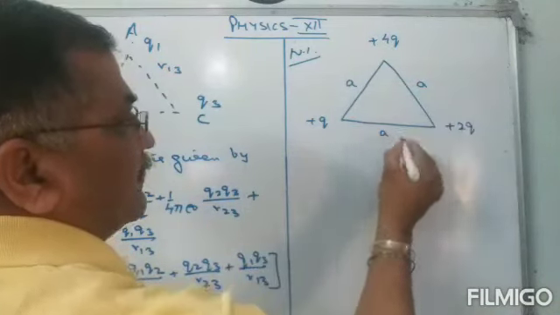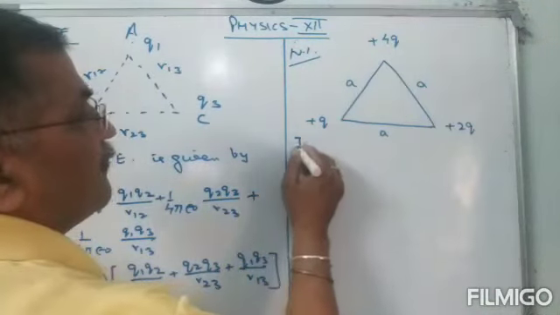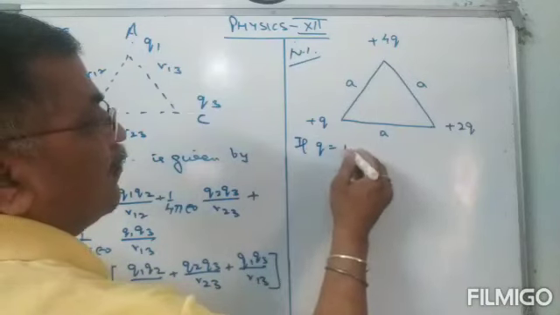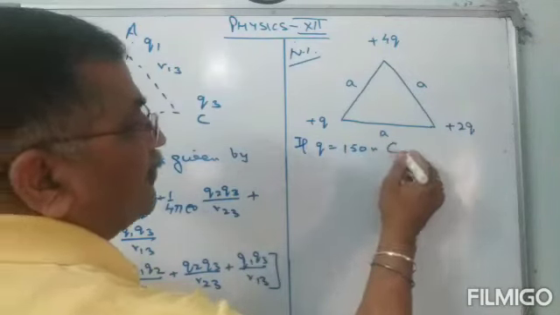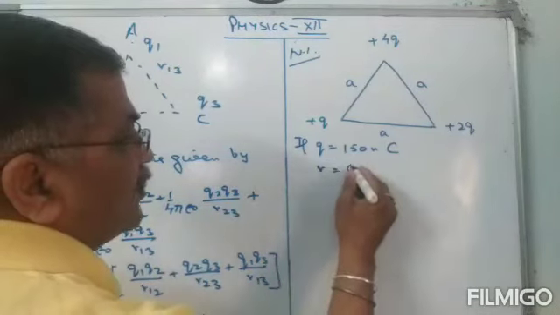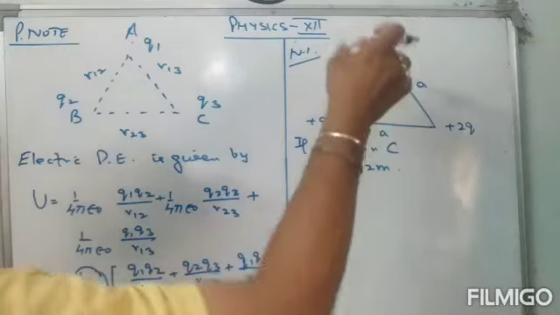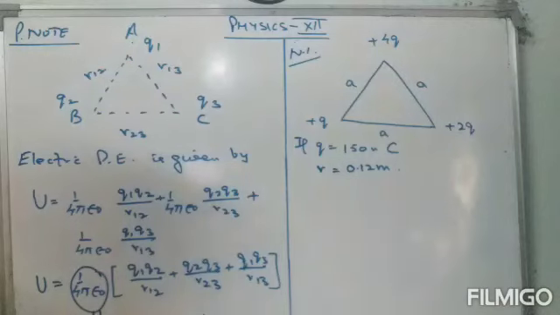A is the distance between the charges. All sides of the triangle are the same, right? I can give the values now. Let's take Q as 150 nanocoulomb, and small r is equal to 0.12 meter, right? These are the values, and we have to find the electric potential energy of this system.